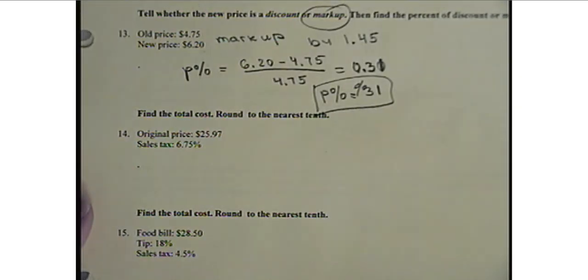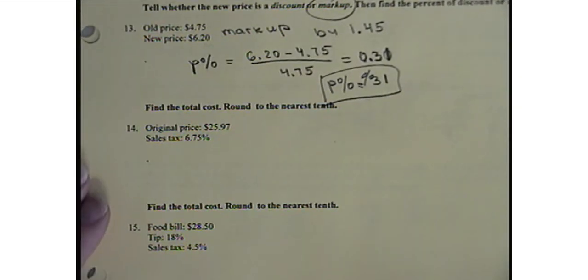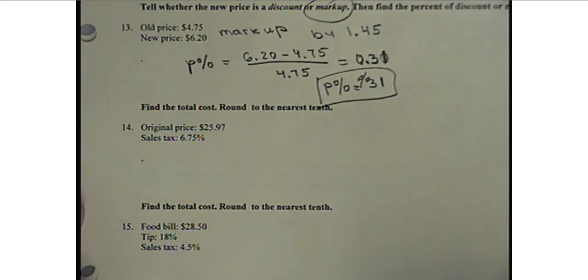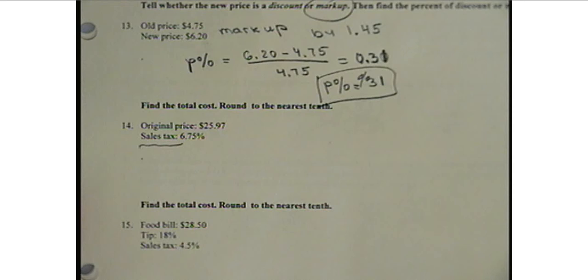Next example, we have find the total cost, then round to the nearest tenth. Well, original price, sales taxes, we are having a discount right here.